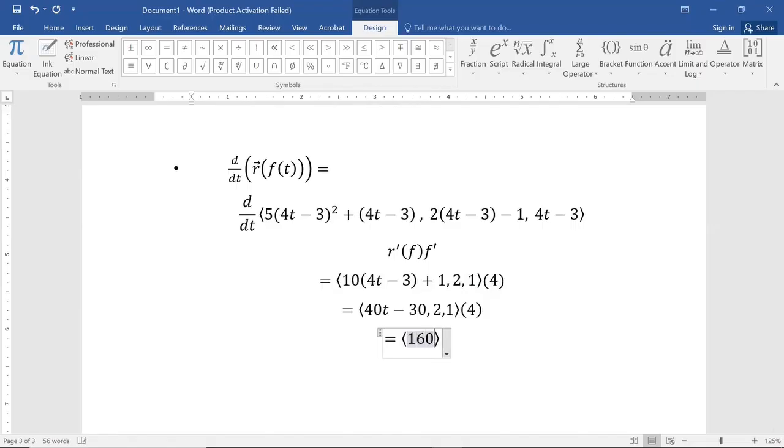That's 160t minus 120, comma, 8, comma, 4. So the chain rule gives me this as the derivative.